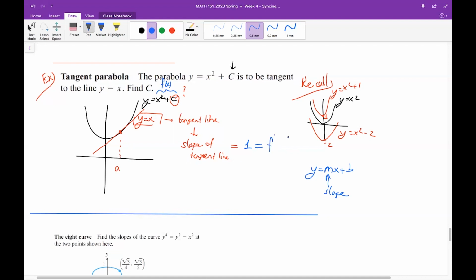So what is the first derivative here? It is just 2x evaluated at A. So 2a, and from this equality, we easily solve for a. The tangency point should be 1/2 to satisfy this slope information. So we solved that a is 1/2.